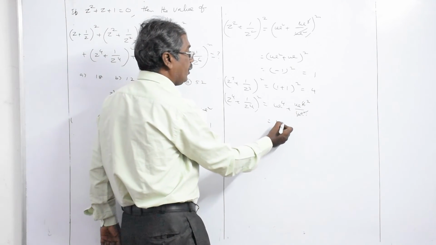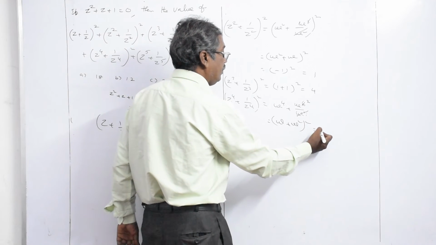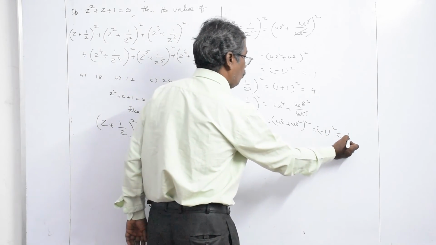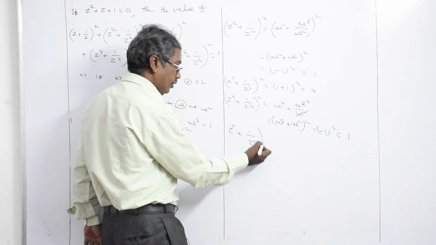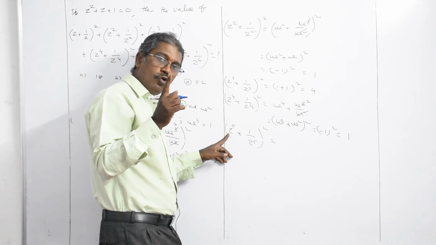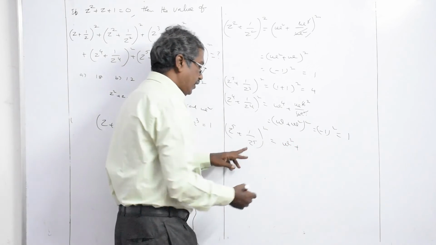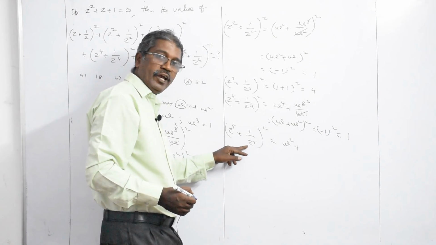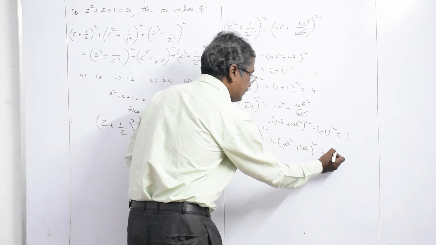So this becomes omega plus omega square the whole square, again minus 1 the whole square, 1. Right, z power 5 plus 1 by z power 5 the whole square. Again omega power 5 is nothing but omega cube into omega square. So this becomes omega square plus omega power 6 by omega power 5, which becomes omega. It gives you again the answer 1.